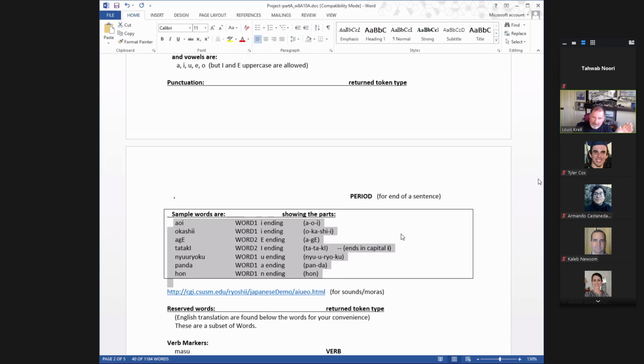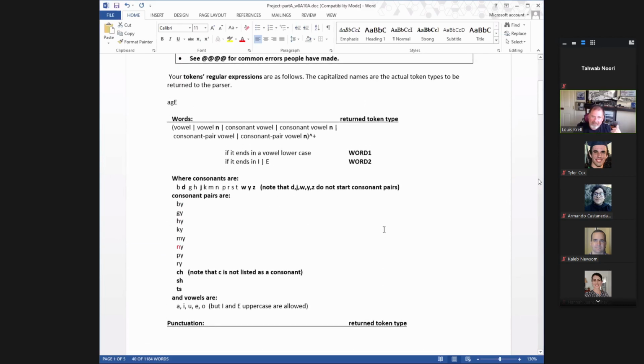A vowel and a vowel, I. So can everybody see how every one of these words that I have highlighted satisfies the allowable expressions? Anybody have a question on that? Good.